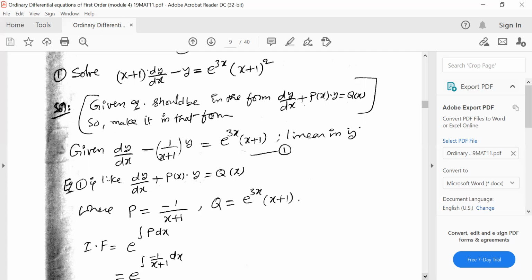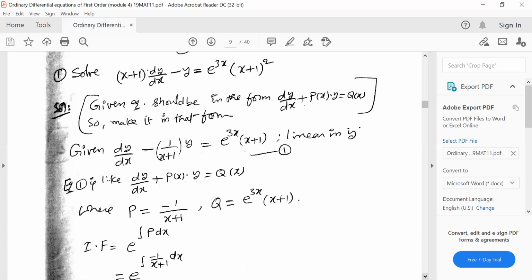Why? It is not directly in the standard form, but (x plus 1) into dy by dx is there. But if you observe slowly, the second term is y, and dy by dx are not multiplied together, the degree is 1 and the right hand side is only a function of x. So why can't we try it with linear is what your mind should say.